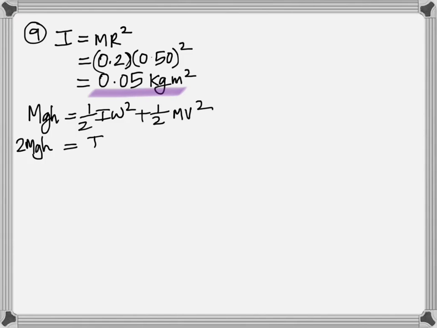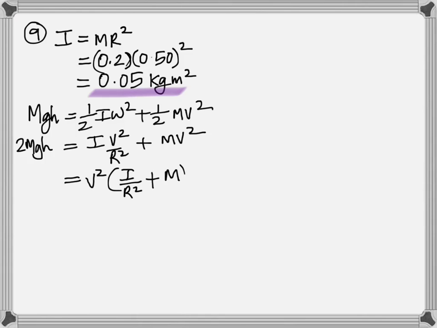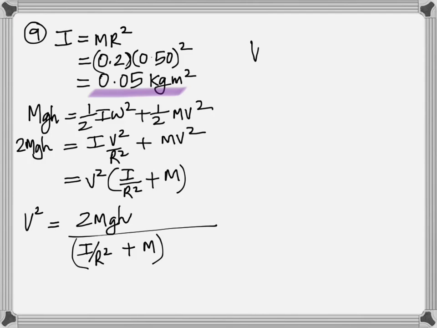Omega is V by R, so square it. Take out velocity squared as common. No difference there. And so it's 2 mgh divided by I by R squared plus mass. So plug those numbers in.